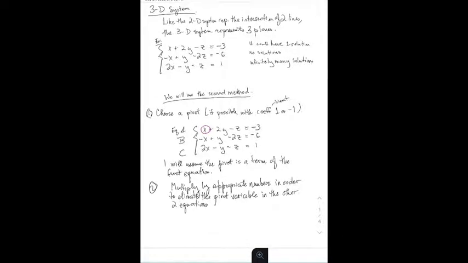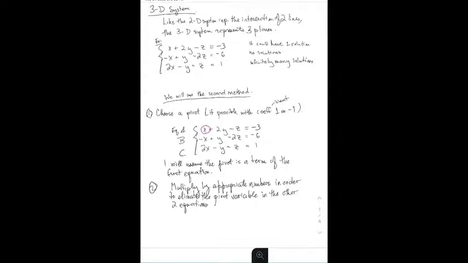So the two-dimensional system represented lines, so each equation, the graph was a line. So if a pair of points would satisfy each of the two equations in the two-dimensional case, you're looking at an intersection of lines.